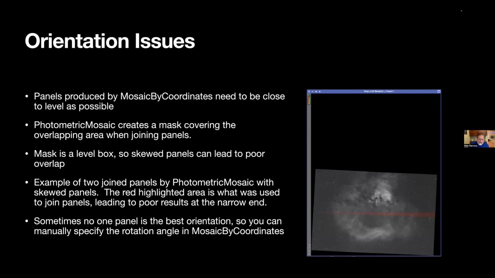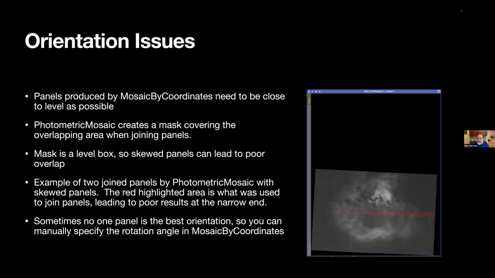Basically, whatever the first file in the list, or window if you're using Windows, the orientation of that panel is the master orientation. Mosaic by coordinates will make sure that panel is square, so it's not crooked or at an angle. And then all the other panels in your mosaic get rotated to the same orientation when they're joined together.